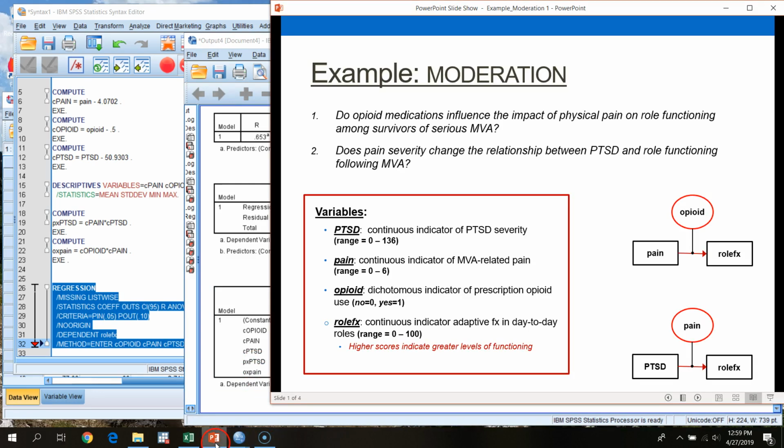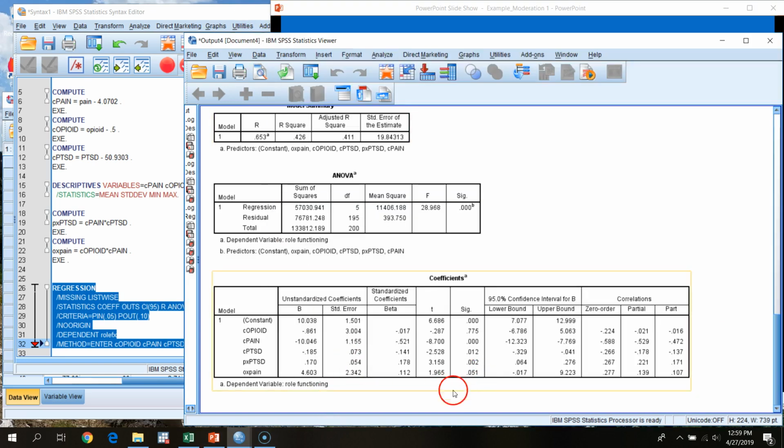Based on the way we've been conceptualizing this, I'm going to interpret this first effect as indicating evidence for an influence of pain severity on the relation between PTSD and functioning. And here I'm going to interpret this as evidence for differences in the relation between pain and role functioning for people who are and who aren't using opiates.